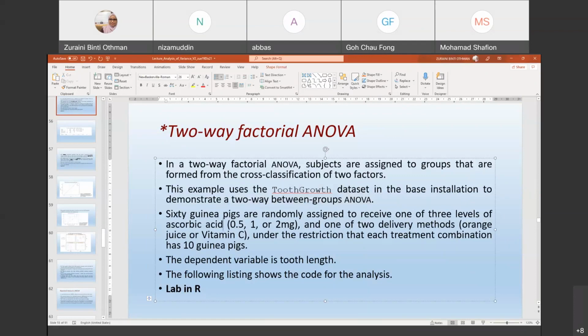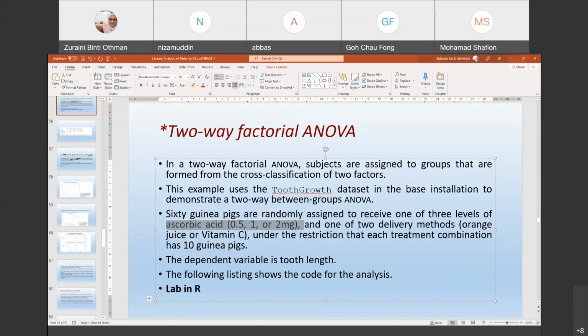In this example and this dataset, we have to be really clear what the data is all about. We have 60 guinea pigs randomly assigned to receive one of three levels of ascorbic acid, which is three different levels: 0.5, 1, and 2 milligrams. And this is one factor.